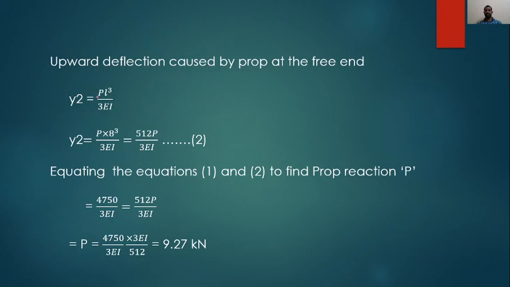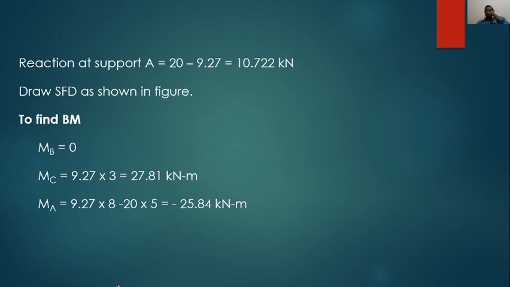Here we need to substitute P in place of W. Overall span is 8 meters, so 8 cube into P by 3EI, and that will come to 512 P by 3EI. Let us say it is 2 now. Now again we need to equate both 1 and 2 to find the prop reaction. So upon simplifying, you get the prop reaction as 9.27 kilonewtons.